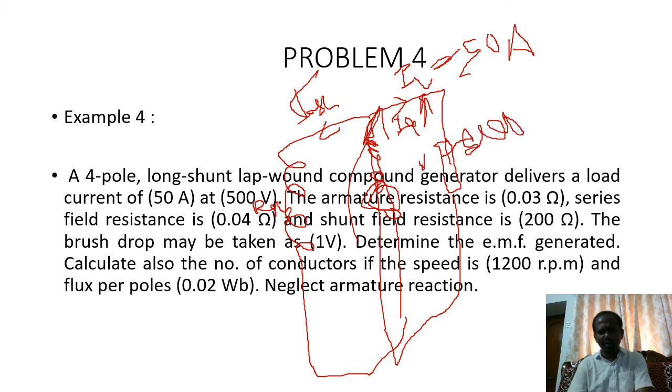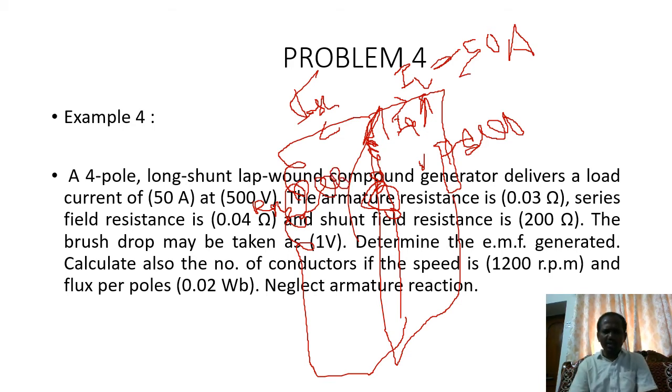Armature resistance is given, 0.03 ohms. Series field resistance is 0.04 ohms and shunt field resistance is 200 ohms.